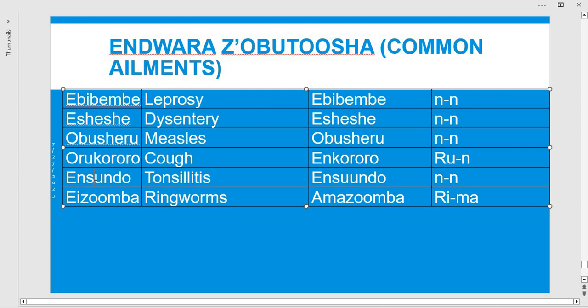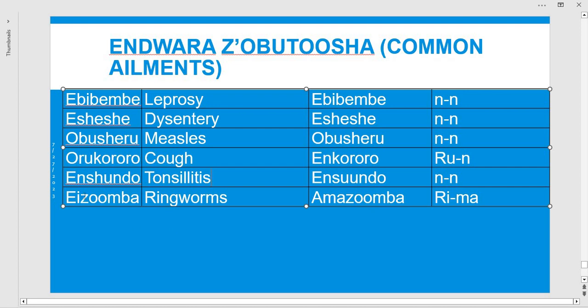Enshundo. Tonsillitis, I don't know what exactly it is, but enshundo is something like a pimple that doesn't easily go. If you find you have pimples on the throat, those are called enshundo. Like swellings, those are called enshundo.